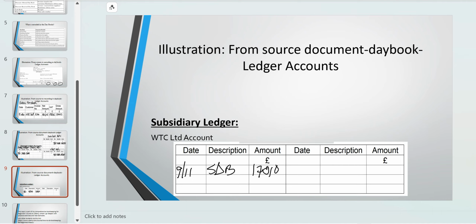The customer is owing the entire amount of 17,010. In some books you see sales, some books will write SDB. It is fine. It will be 17,010, the entire total. That's what you write. Okay, I hope this is clear.